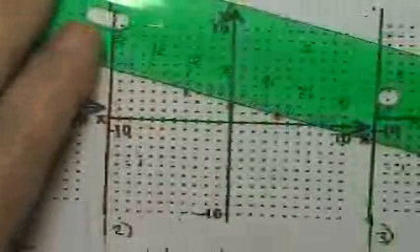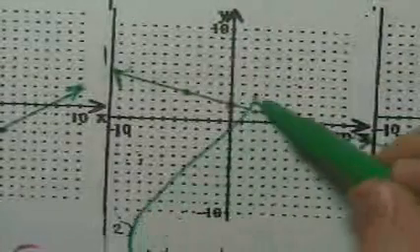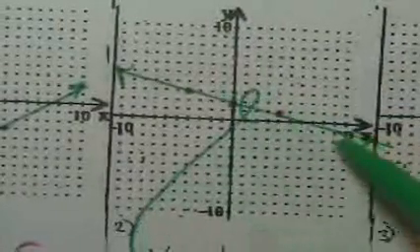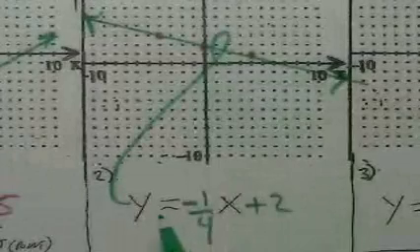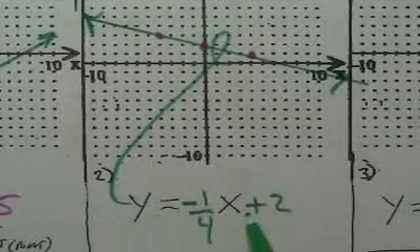Take a straight edge. Oops, a little too long. There you go. So this equation is this line. This line represents all the answers, the solutions to this equation.